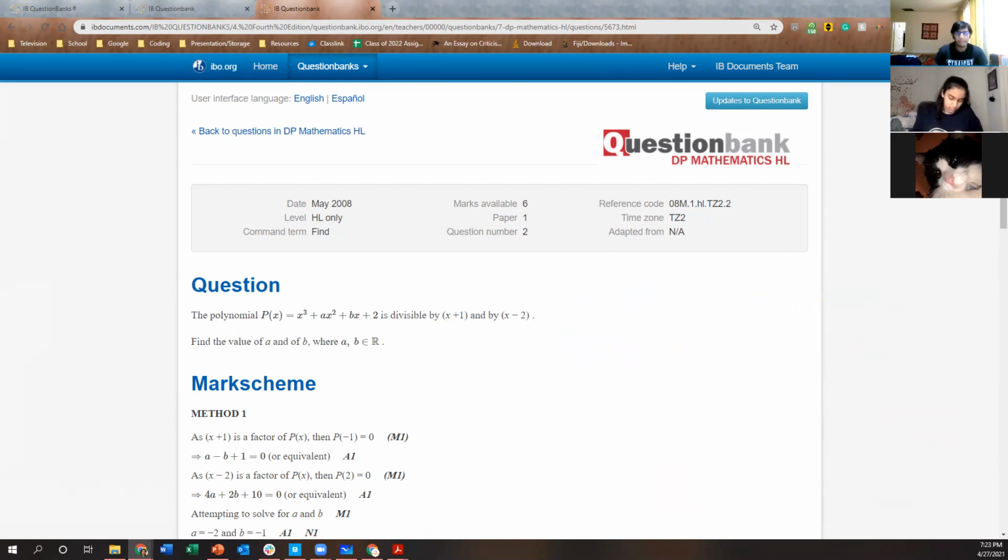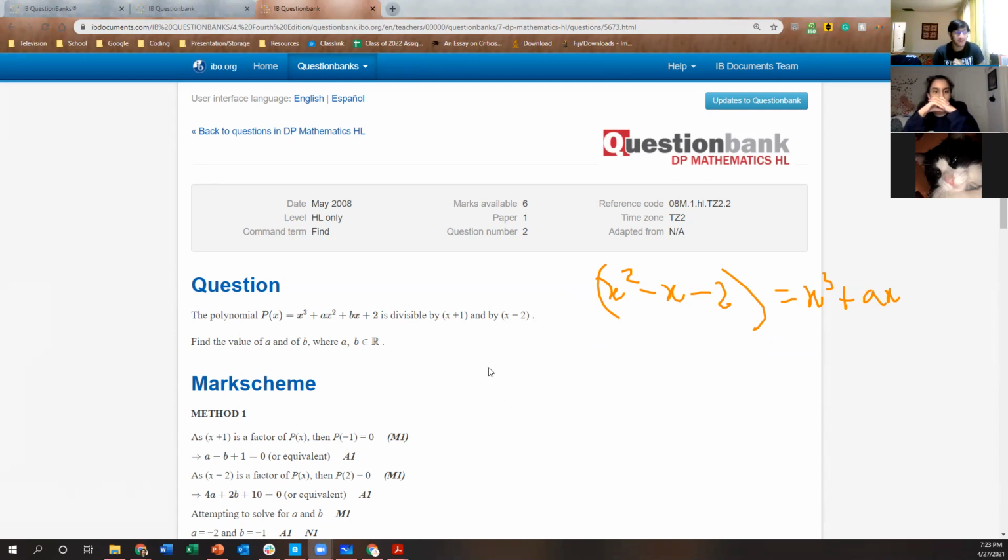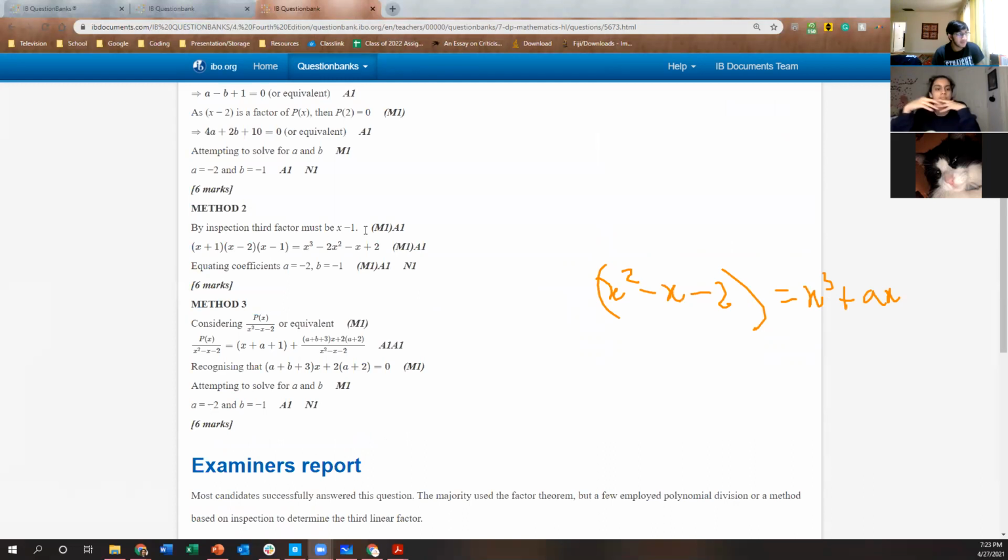So I multiplied the x plus 1 and x minus 2 together, and I got x squared minus x minus 2. Then on the other side I know I'm going to have an x and then -1, because -1 times -2 is 2. Very nice. That's what they did for method 2 right here, the inspection.